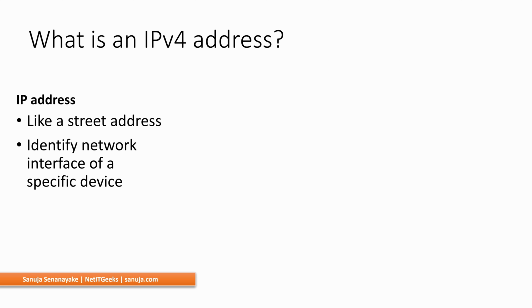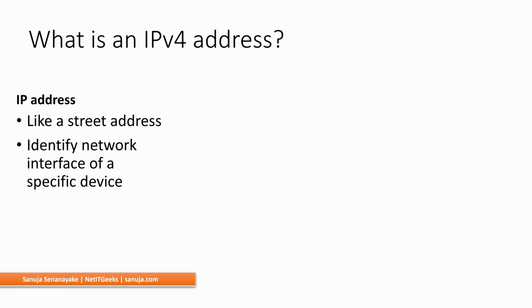For example, if you have a server with 6, 7 or 10 network interfaces, in other words network ports, each of those interfaces will have a different IP address depending on how you have configured the system. Therefore, an IPv4 or even an IPv6 address is identifying the network interface of a specific device, not the device itself. So that's a key thing that some people get confused with.